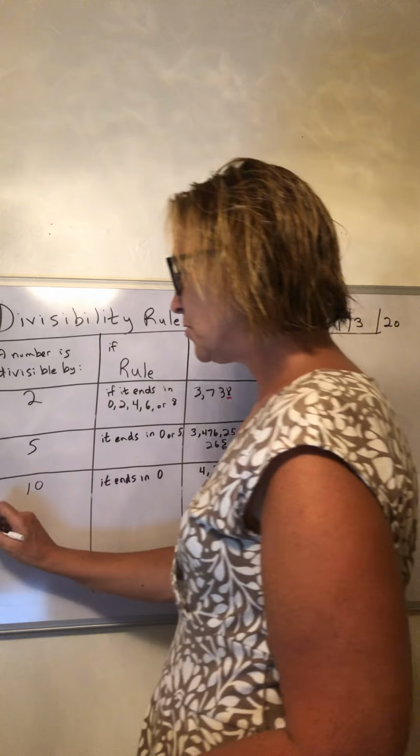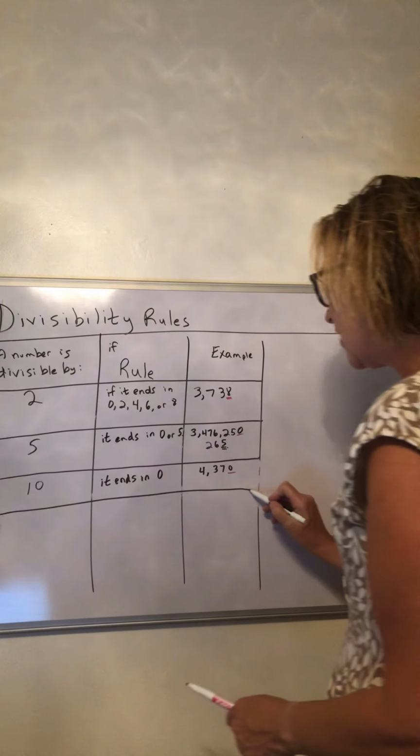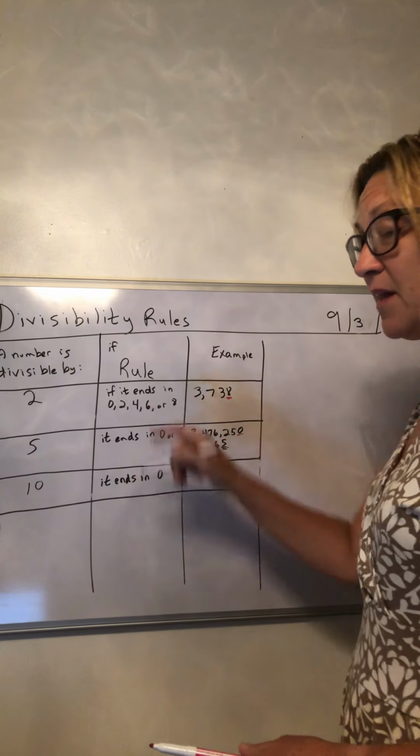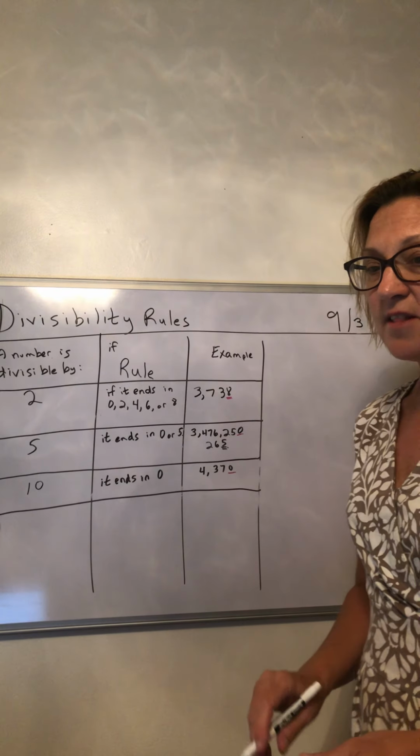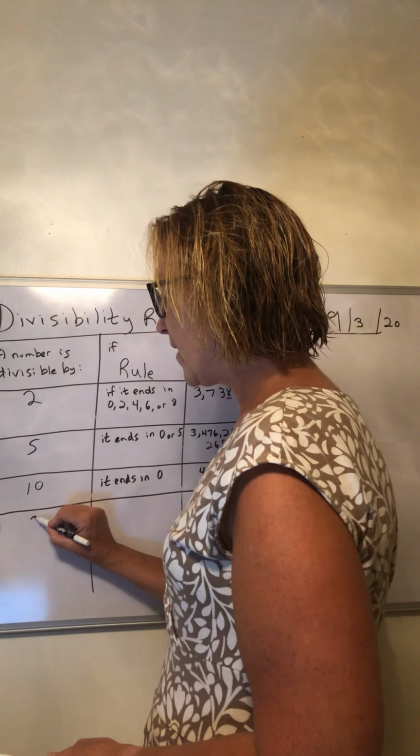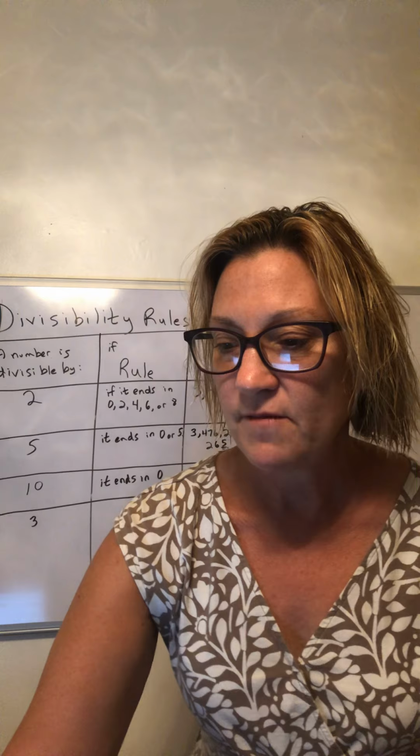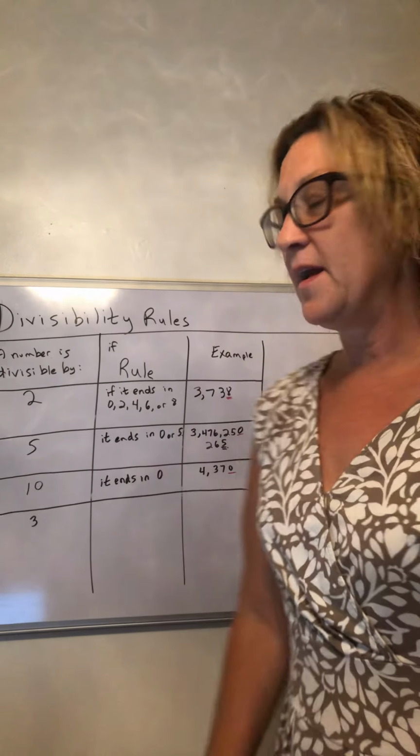Now the next 2 rules, we're not going to look at how the number ends. It's going to be a little bit different. So this is our rule for 3. How will we know if a number is divisible by 3?